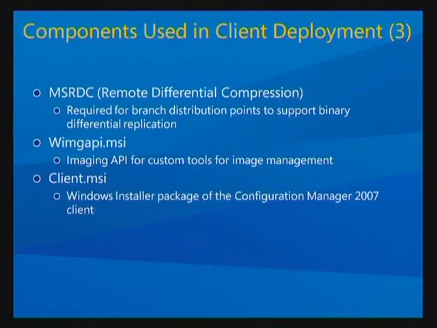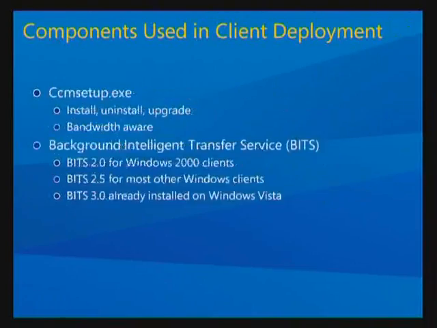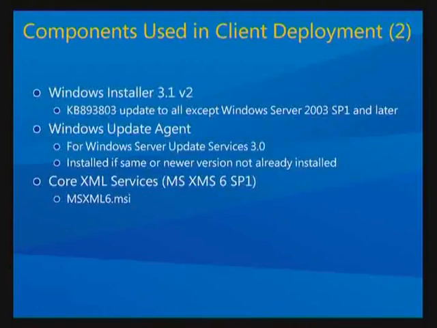Now the nice thing is, remember one of those gotchas from the SMS 2003 environment was that the client is not bandwidth aware. We are utilizing BITS for this download. So BITS is bandwidth aware, or at least network adapter aware, so you do have some level of throttling there, and checkpoint restarts in case you have to restart your system in the middle of that process.